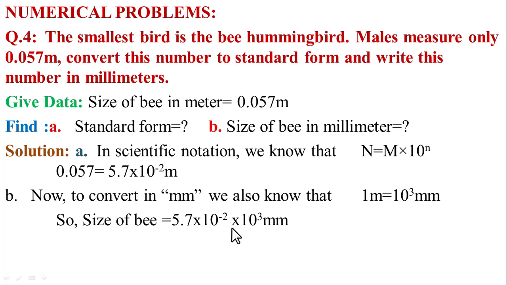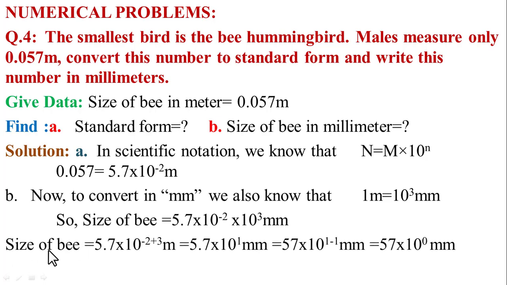Here bases are same, so powers will be added. Then size of bee is equal to 5.7 multiplied by 10 raised to power minus 2 plus 3. When both are added, the answer is 5.7 multiplied by 10 raised to power 1.